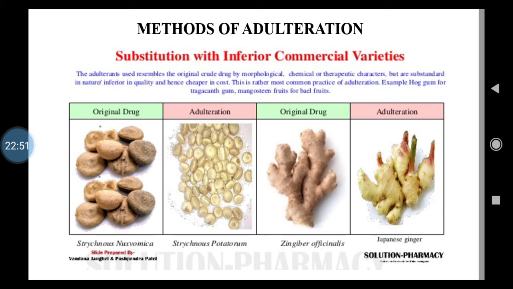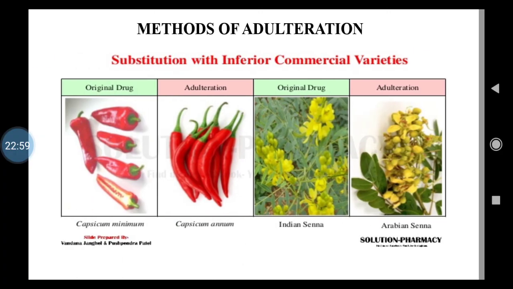So Japanese ginger is a commercial variety. A few more examples we will see in this case.